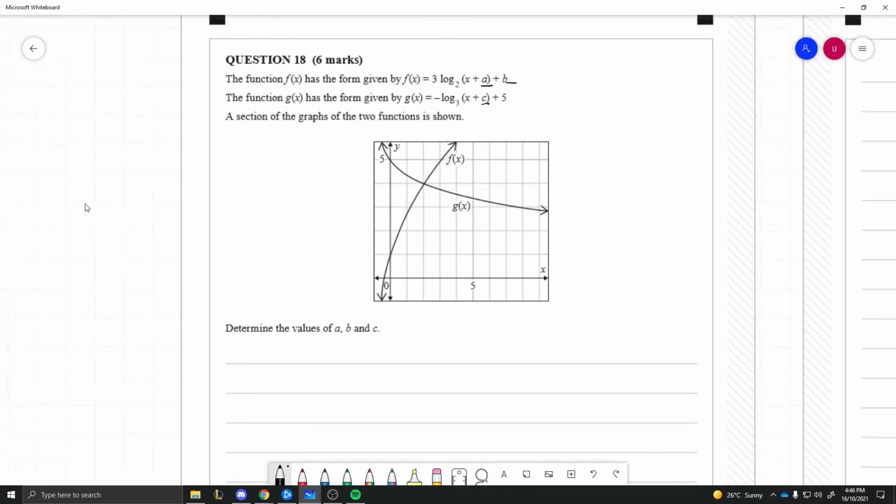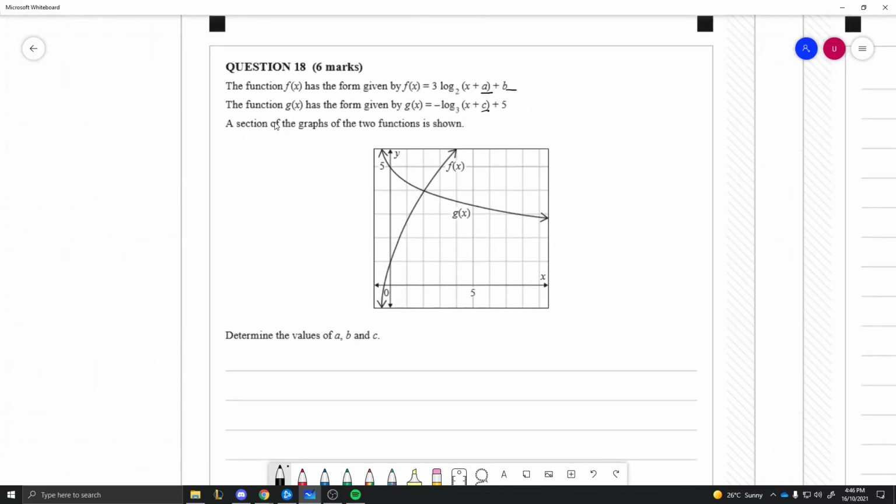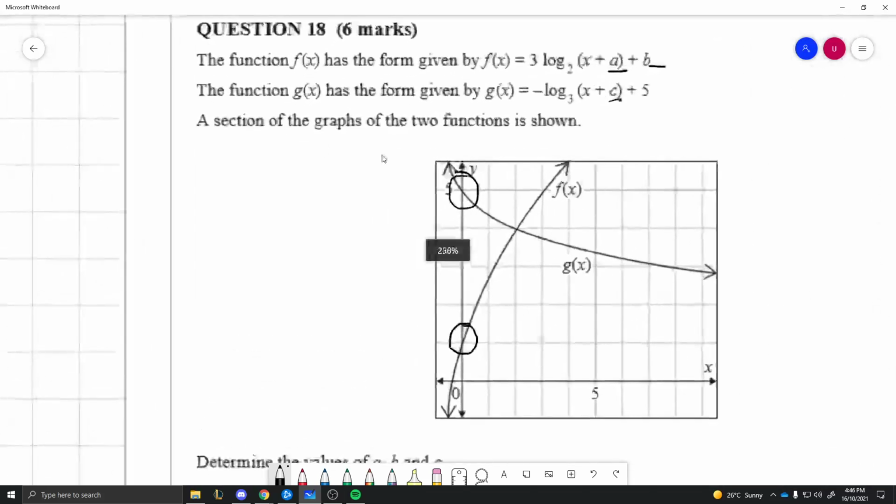Let's start. In this question, you need to know that the only way you're going to be able to derive these values is through significant points, which are intercepts that you can actually read, because these ones directly cut over grid points, so you can tell where they are.